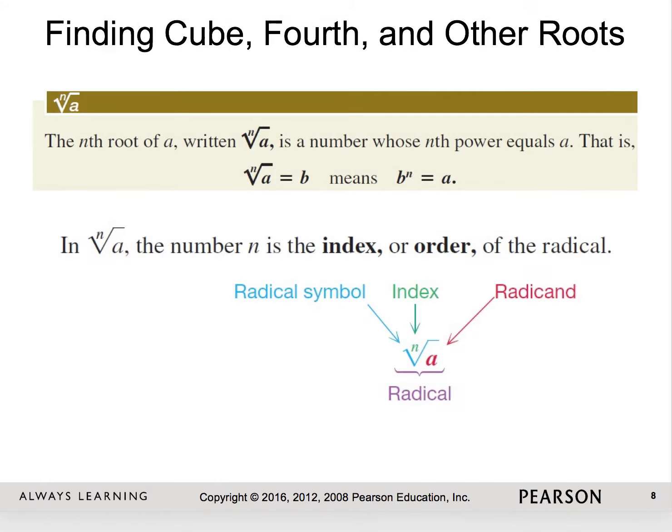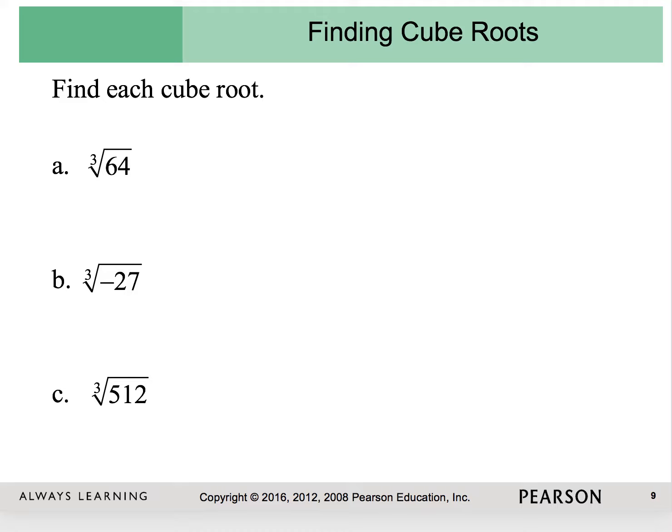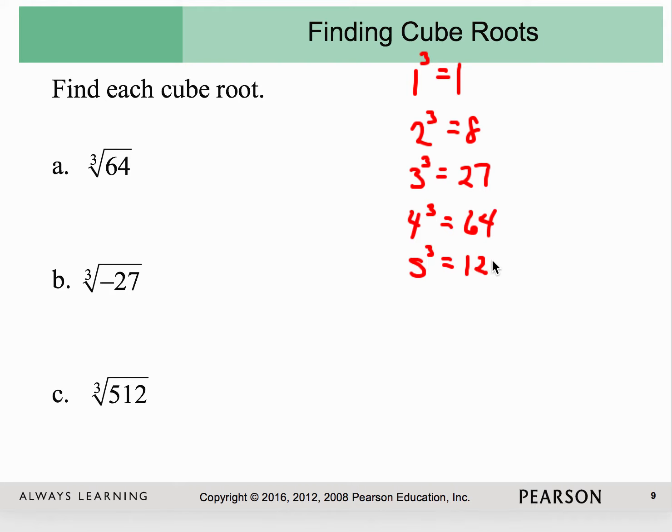Okay, so you might also want to make a list of your cubes, at least till 10. 1 cubed is 1. 2 cubed is 8. And no, you won't have this list on your test, but you can recreate the list by just saying, oh, 4 times 4 is 16, times 4 is 64. If you have to go over to the side, fine. But hopefully you'll recognize these numbers pretty soon as we work with them.